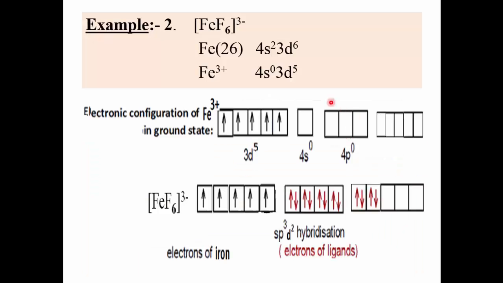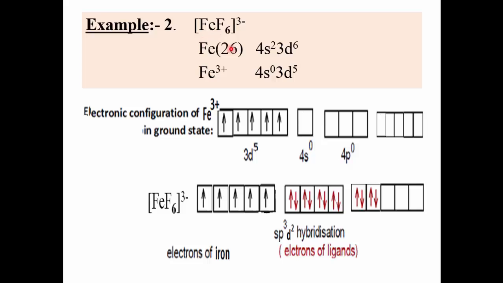Then see another example, [FeF6]3-. In the previous complex [Fe(CN)6]3-, we used d2sp3 hybridization. The inner d orbital is used, therefore it is called an inner orbital complex. We have used the 3d orbital for hybridization.